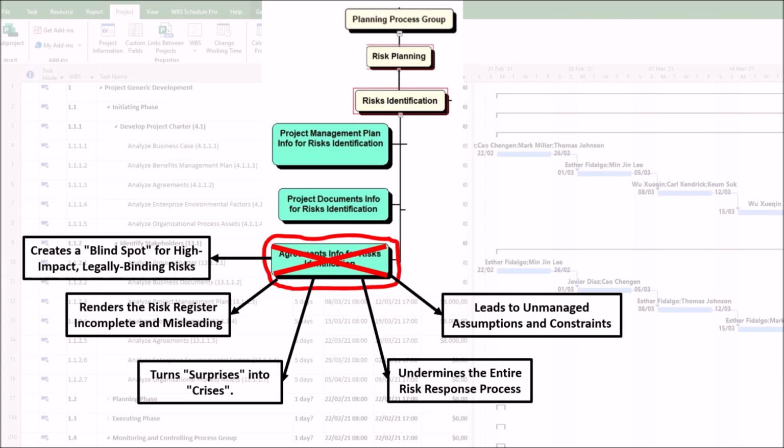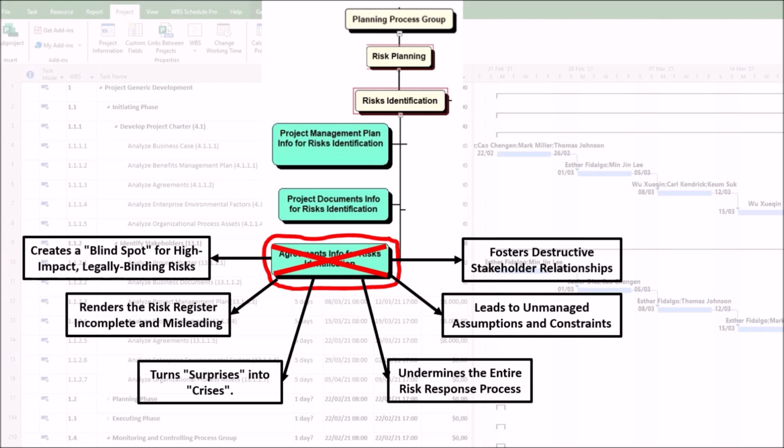If this isn't identified as a risky assumption, you have no backup plan when that resource fails to materialize. Second, ignored constraints. A contract might impose a specific security standard or reporting methodology. If not identified as a constraint, the project team might inadvertently violate the agreement, leading to breach of contract disputes.